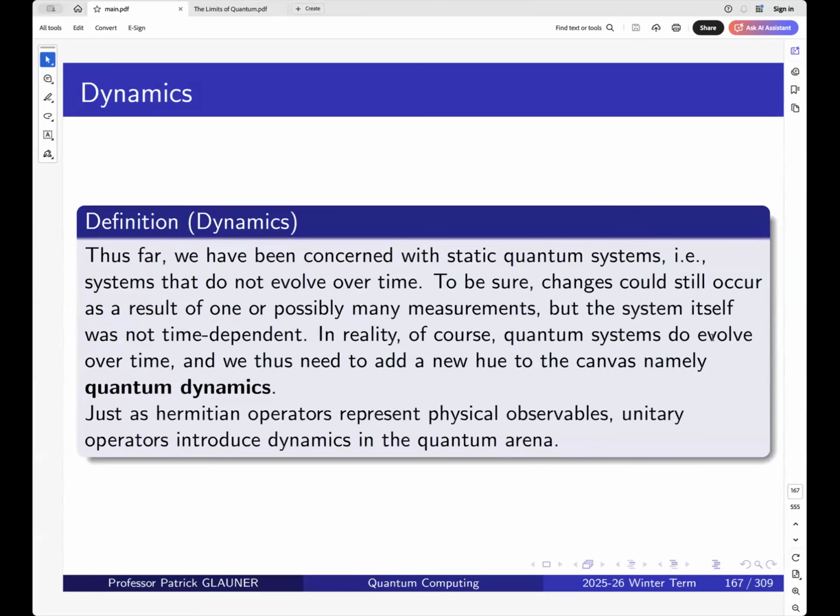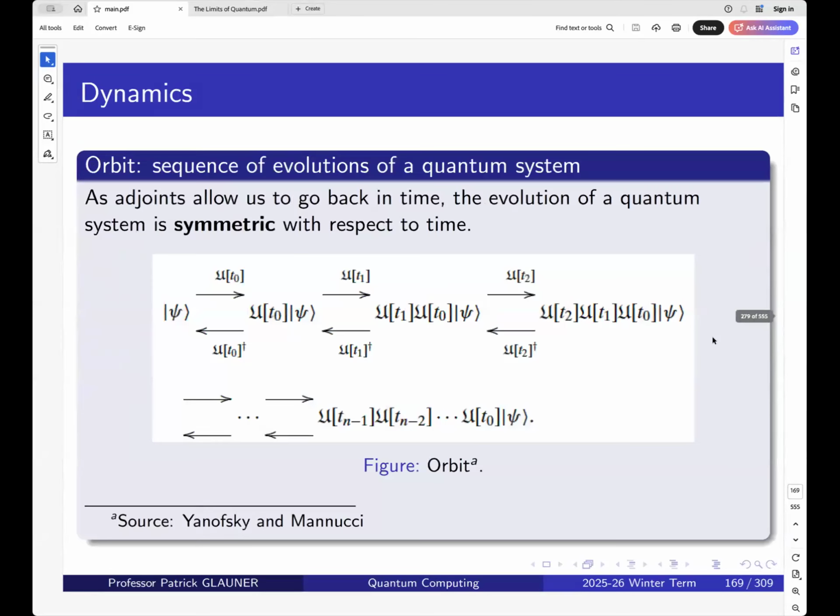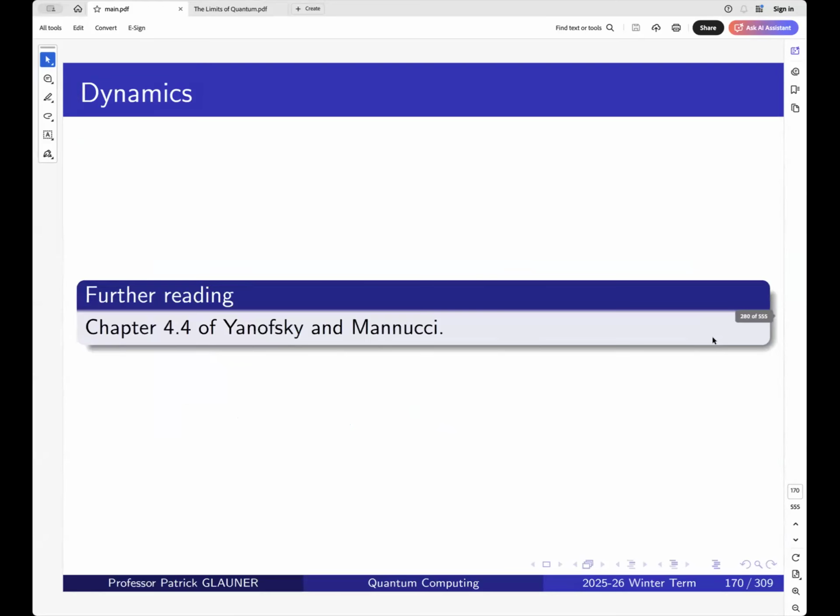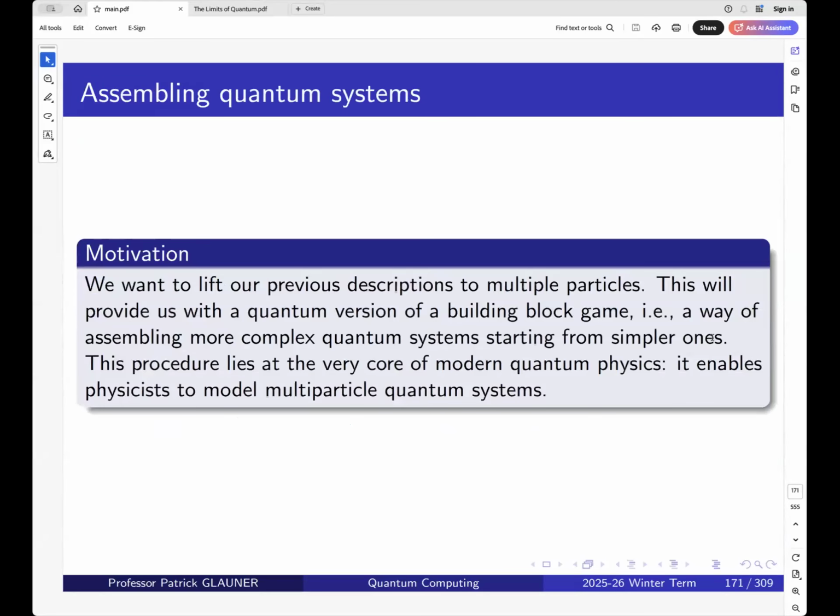And then we discussed in detail dynamics, and we saw how we can do this in terms of matrices, and we saw why unitary matrices are key, so we can actually undo certain dynamics.